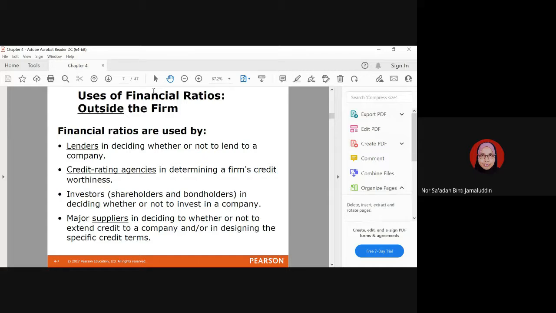Okay, usually the financial ratio will be computed by ourselves, but the financial statement, the company will prepare for all the users lah.